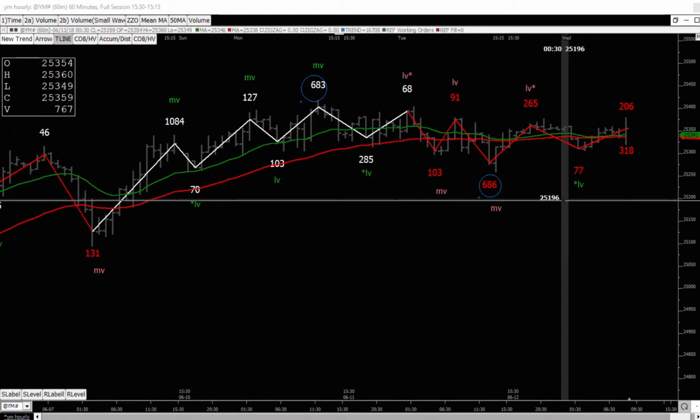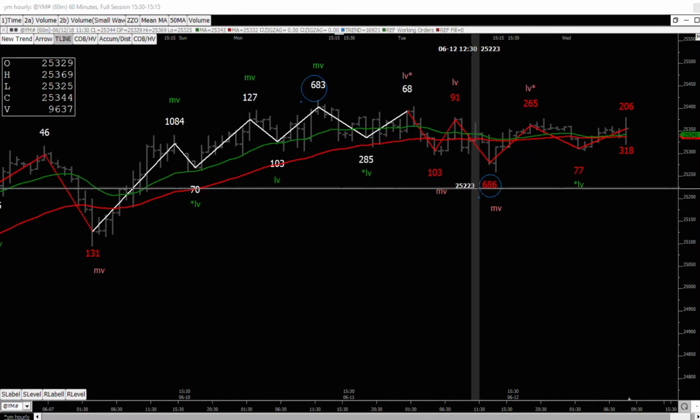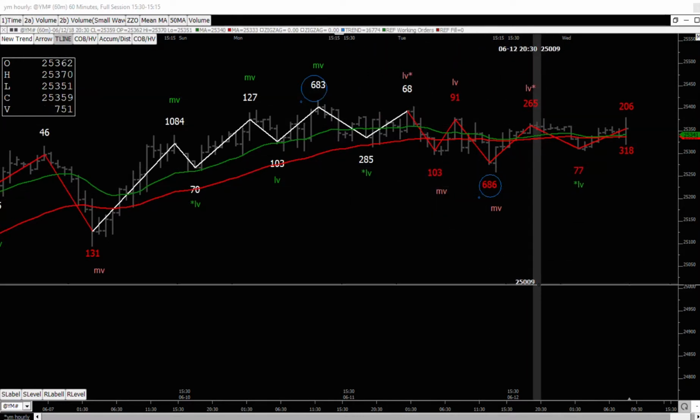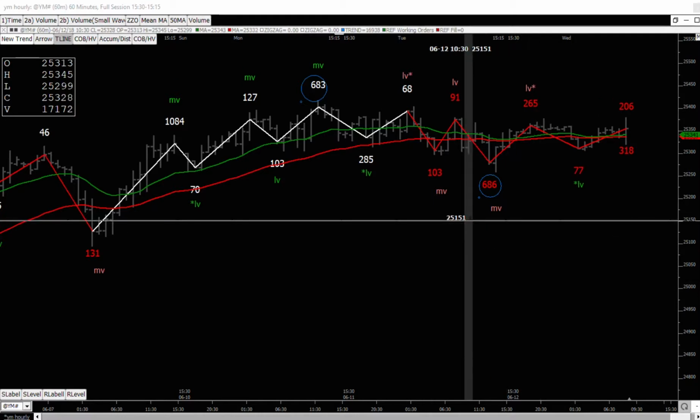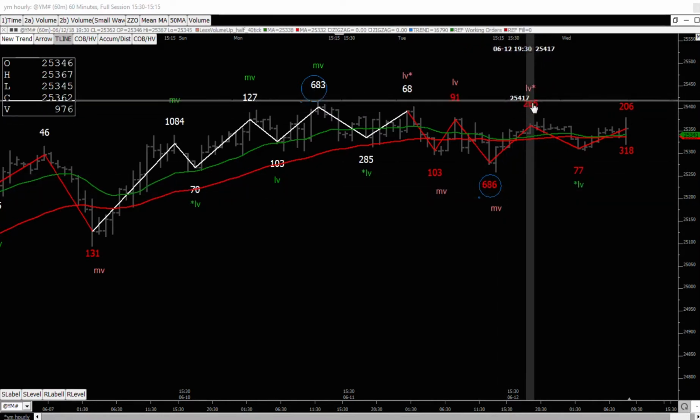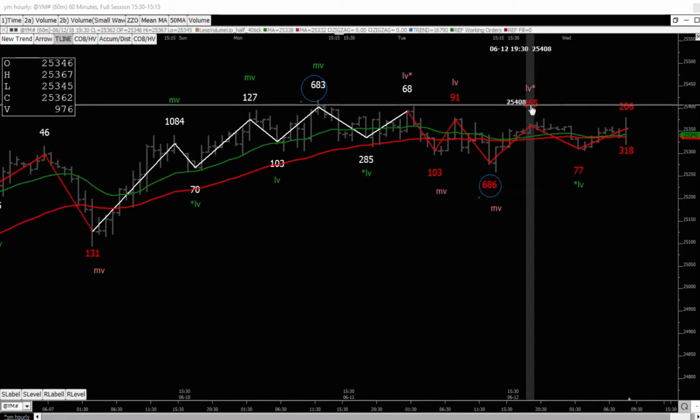Now, that's not always true. It could be a coincidence, but a lot of times the numbers are way too close. So anyway, 686 down, 265 up.